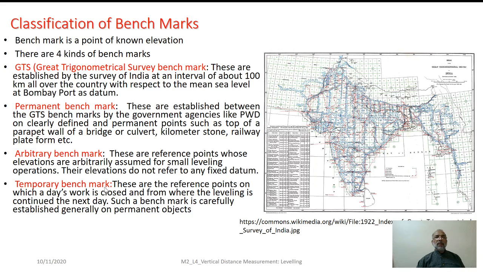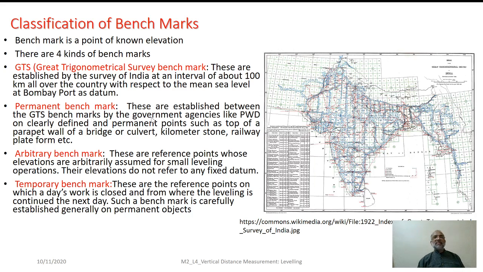As we carry out this leveling work, we start the work from a benchmark and we are expected to close our work at a benchmark. But because of some unseen reasons or some common reasons, we have to take a break, for example.